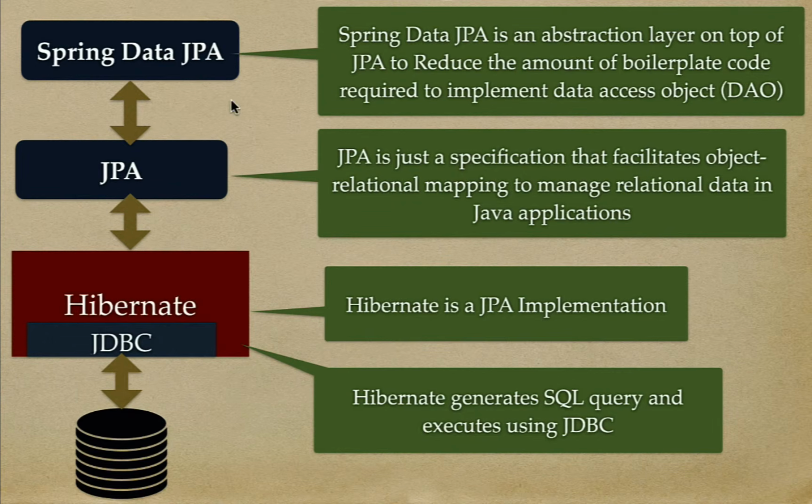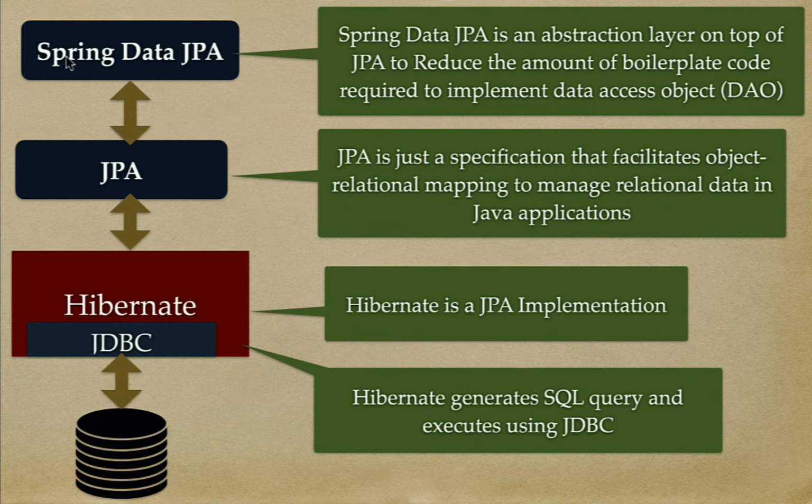Alright, on the other hand, Spring Data JPA is an abstraction layer on top of JPA to reduce the amount of boilerplate code required to implement the DAO layer. Okay, so Spring Data JPA is nothing but an abstraction layer developed on top of JPA to reduce the amount of boilerplate code that is required to implement the data access object.